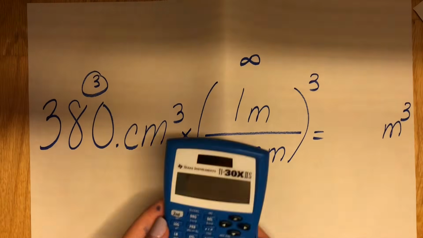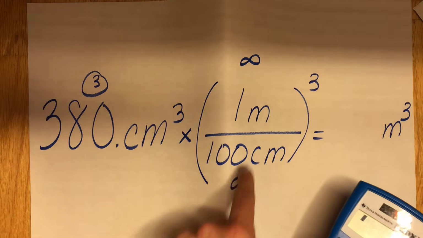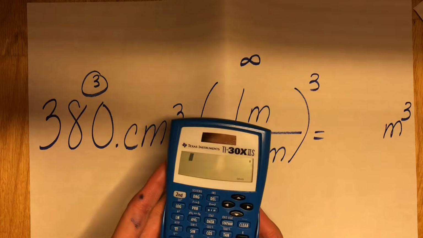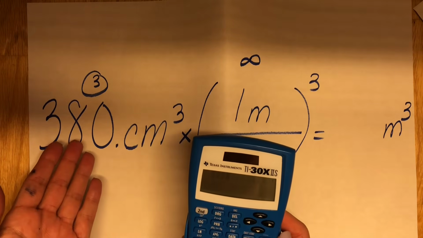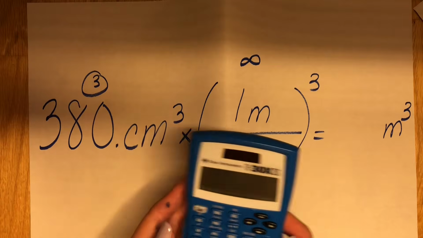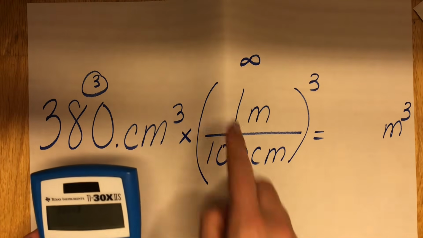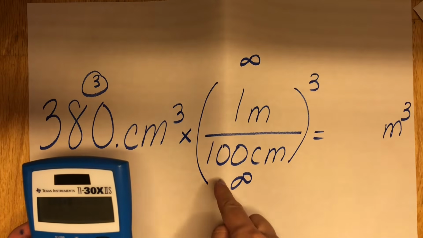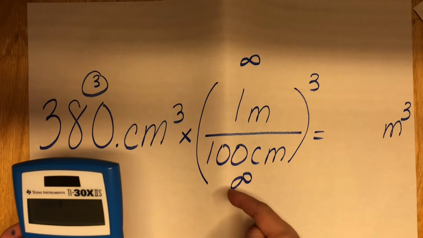So now to put this in my calculator, I have to be careful to cube this part. So I'm going to start by putting in my given. So that's 380. And that number's not cubed. Remember, the unit's cubed. And I'm going to times it by 1 divided by 100 cubed. Or, since 100 is in the denominator, I can just divide by 100 cubed.